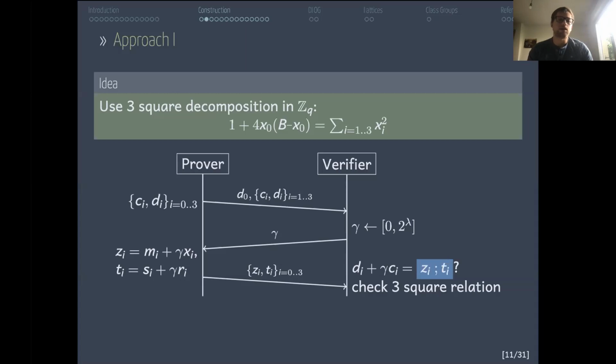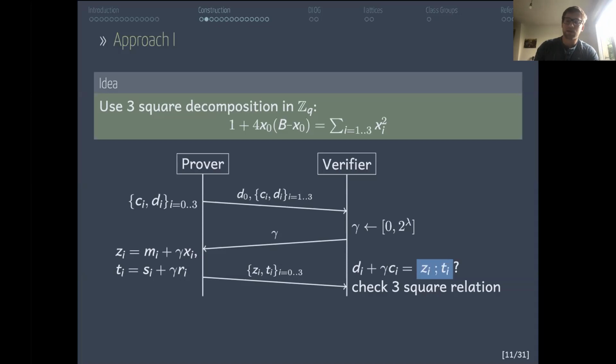So this is essentially a proof of opening for the main commitment, the commitment C0, and also the commitments to the decomposition, C1 to C3. And then additionally, we need to check the 3-square relation.